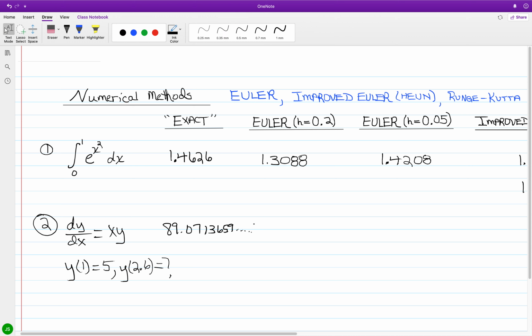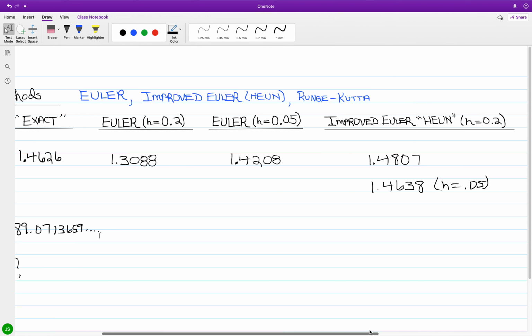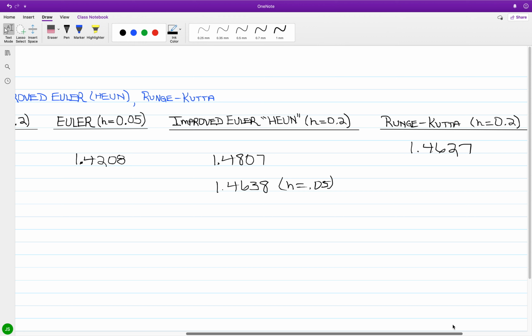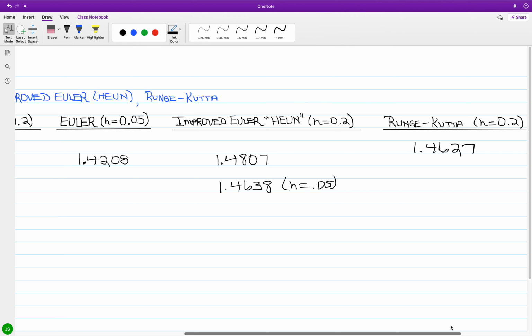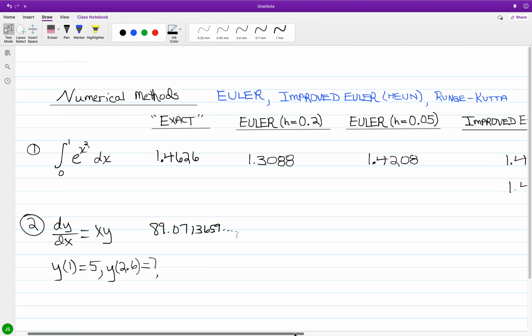To see how this compares with the four approaches, we have Euler at 0.2 and 0.05, the Heun or improved Euler at 0.2 for the step size, and Runge-Kutta also at 0.2, just looking at doing a bit of comparing.